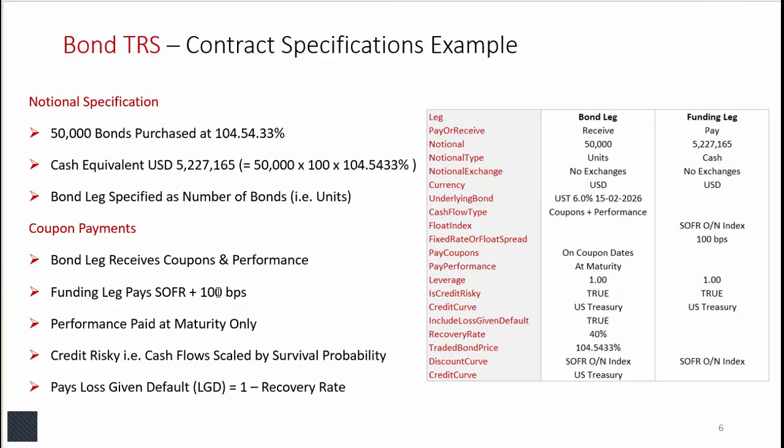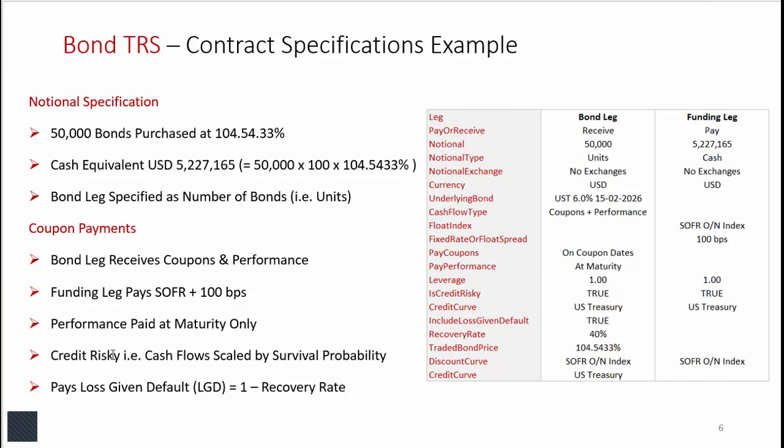In this case, it's an arbitrary example chosen here to pay performance at maturity, and we're paying coupons on coupon dates. We could choose to have coupons at maturity as well, because it's a highly structured product, you can do anything. But the standard TRS is to pay coupons on coupon dates. And typically we would pay coupons on coupon dates too, but here we've chosen at maturity.